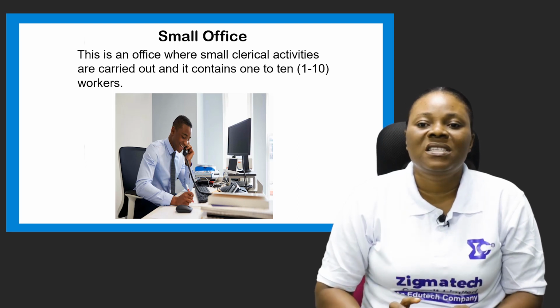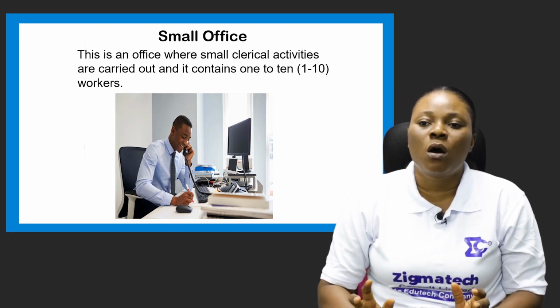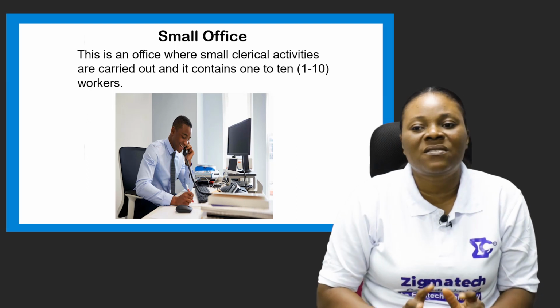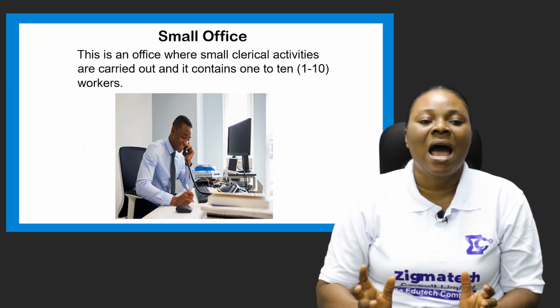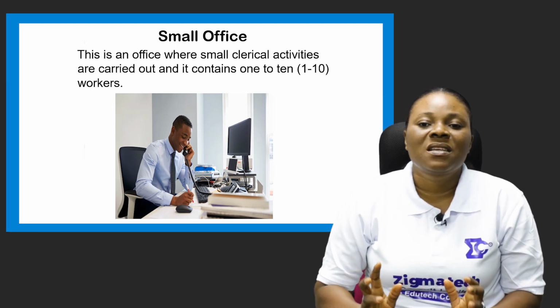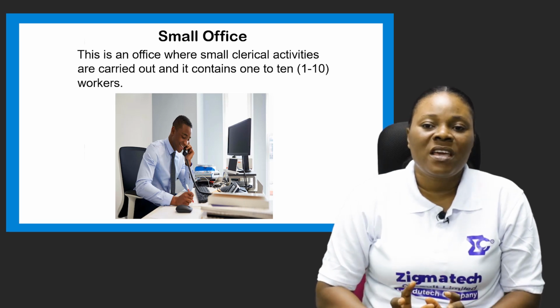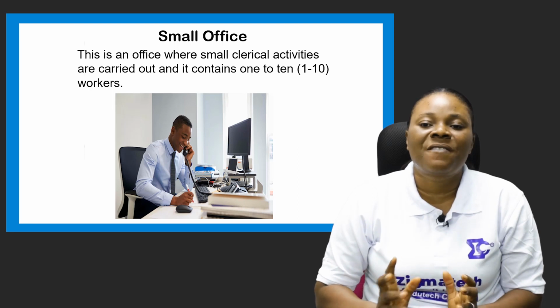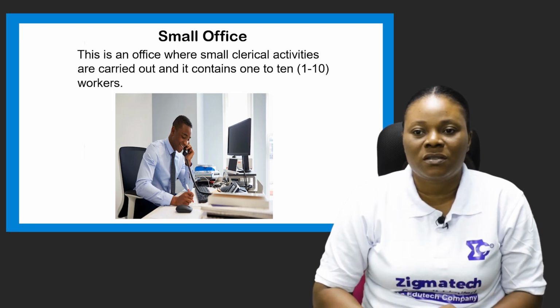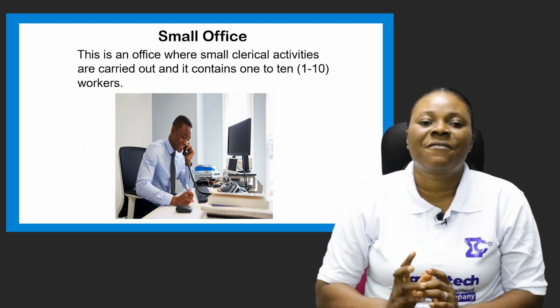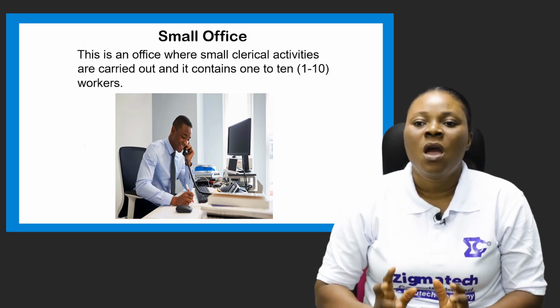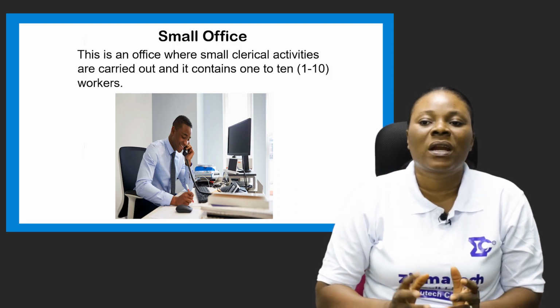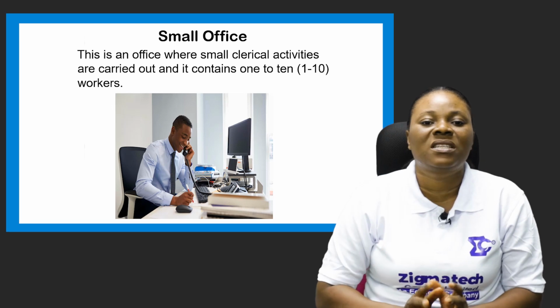A small office is an office where small clerical activities are carried out. We can simply say that an office described as a small office are basically found in small organizations. Small offices are found in small organizations where small or little clerical activities are carried out.